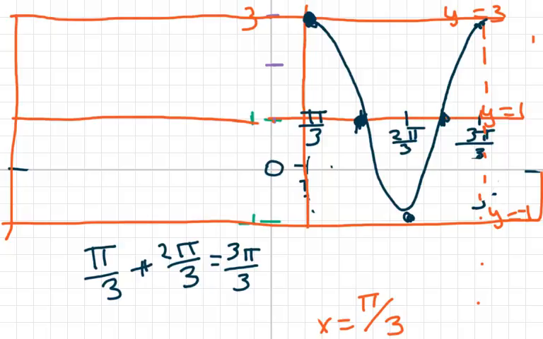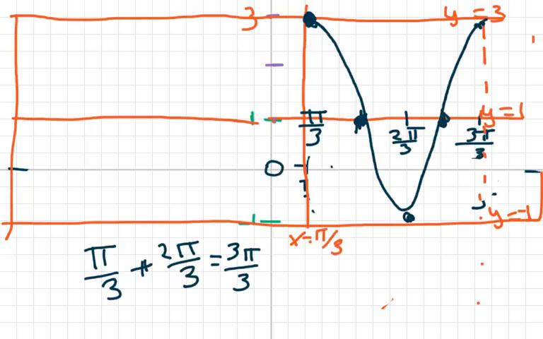All right? So now, to find the midpoint of the radians, and I'm going to go ahead and do it over here, you add the two values together and divide by 2. So let me erase this because we can move that up here. This is x equals pi over 3.